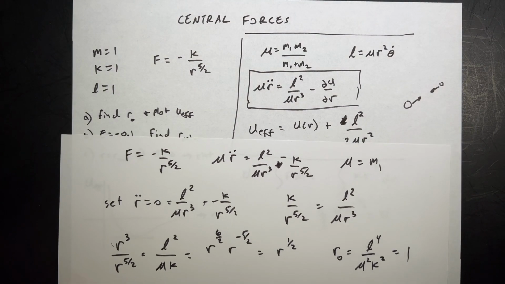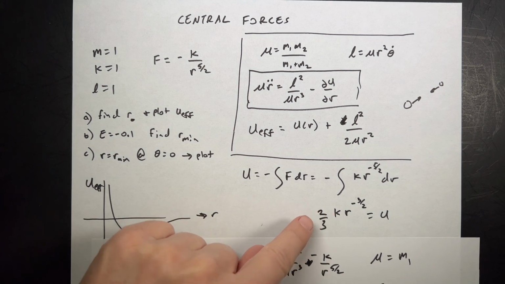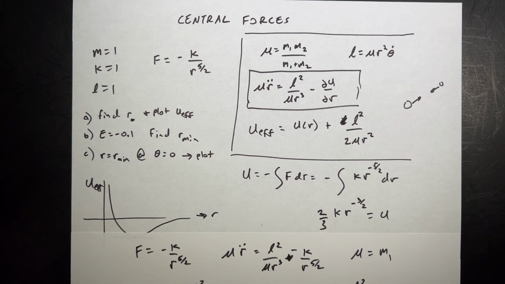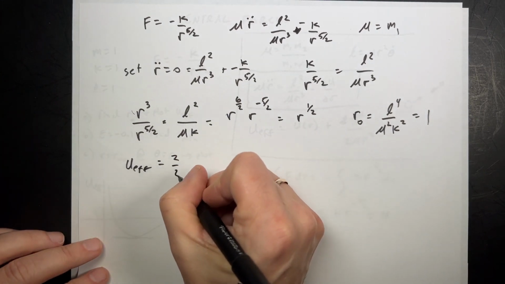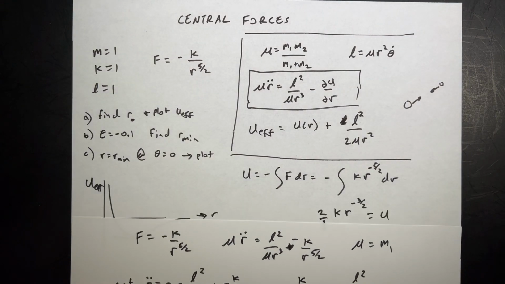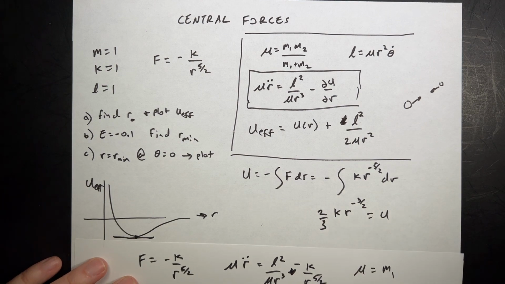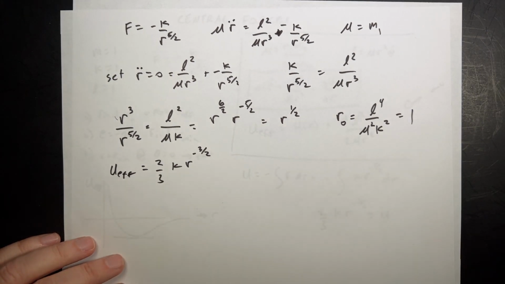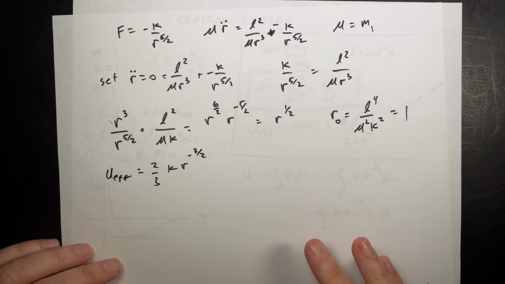It's going to be U of r, which is this, 2/3 k r to the negative 3/2. Should that be negative? No, it shouldn't be. I think that's right, r to the negative 3/2. Everyone makes mistakes with negative signs. If you make a mistake with a negative sign, that's just like saying, hey, you're a human.